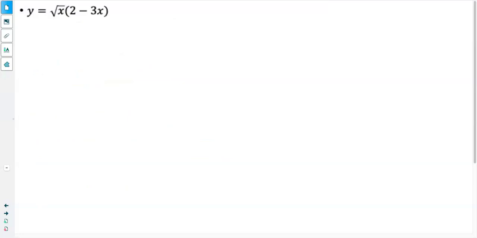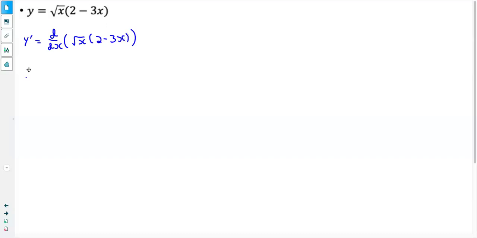Okay, next example, we have y equals the square root of x times 2 minus 3x. And once again, we want to take the derivative of this. We know our derivative is d over dx of root x times 2 minus 3x. Once again, we can see we have two functions multiplying each other. The first one is the square root of x, and the second one is 2 minus 3 root x.